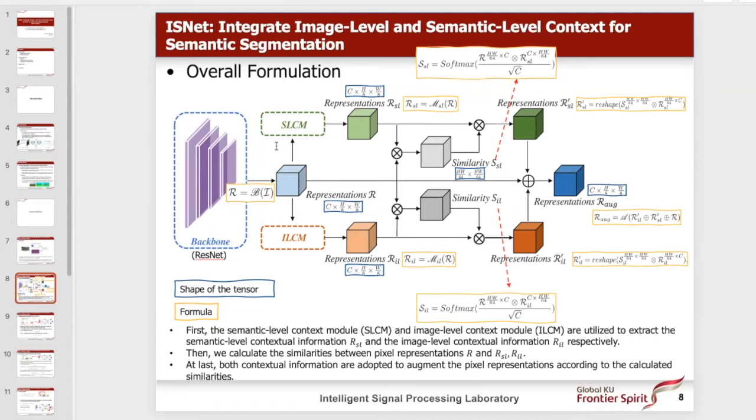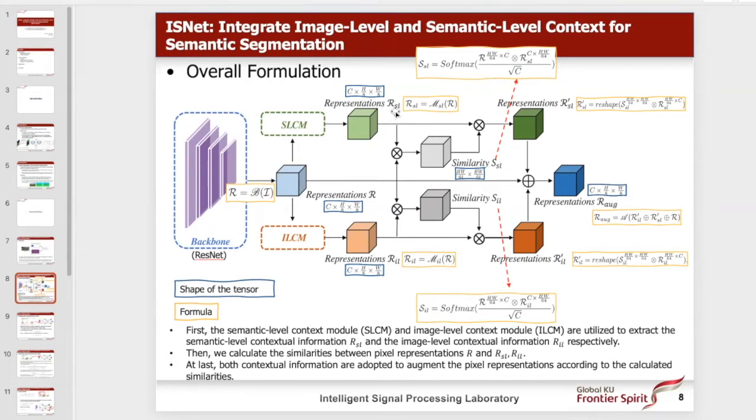There are a total of 2 branches in the overall structure. The first branch is about the semantic level. We can see that after sending the representation R to the semantic level context module, we will get the representation RSL.